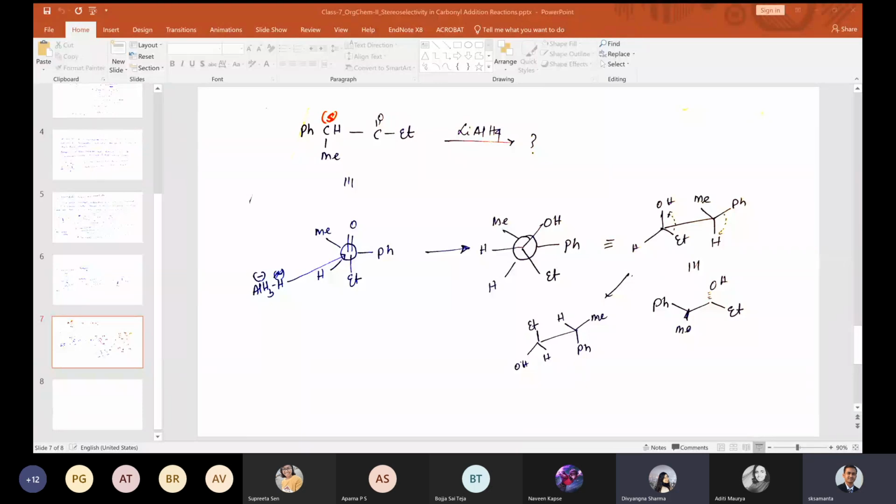Let me go back to the laser. Is the pointer visible now? I'll just escape from the full screen. What about now? Is it visible now? Yes, sir, this is absolutely fine. Okay. So let me stay in this mode only.